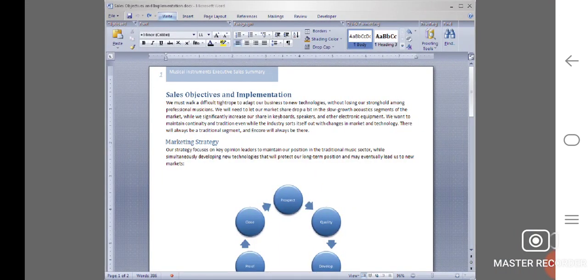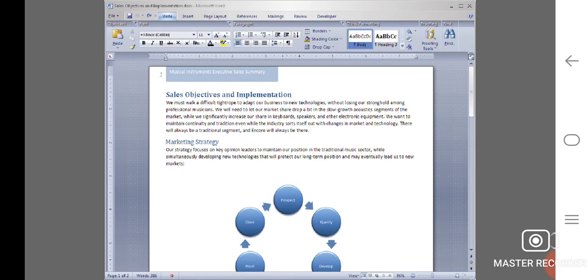So here this is an example: sales objectives and implementation. It is a musical instruments executive sales summary. We must work a difficult path, or adapt our business to new technologies without losing our stronghold among professional musicians. So we will need to let our market share drop a bit in the slow growth acoustic segments of the market, while we significantly increase our share in keyboards, speakers and other electronic equipment.